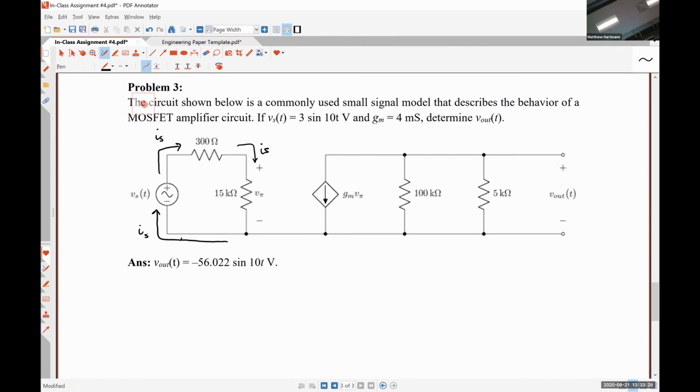So if we performed Kirchhoff's current law, you can see that IS flows here as well, at this node. What would that tell us about the current? Let's call it just I right here flowing through that short. So we're performing Kirchhoff's current law at the node that I've circled in black. So what current enters?